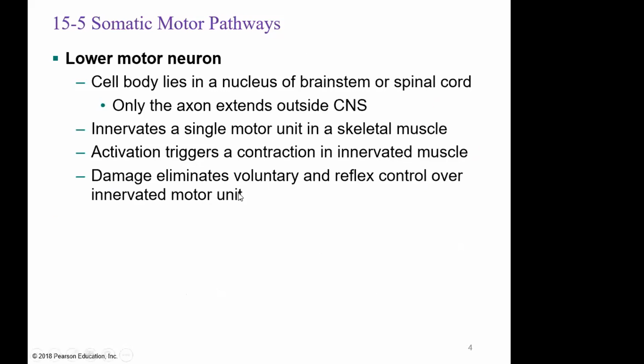Then for that lower motor neuron, the cell body will lie in a nucleus of the brainstem or the spinal cord, and it's only the axon, so highlight that, only the axon actually comes out of the central nervous system. So for our upper motor neuron, the whole thing is in the CNS, and for the lower motor neuron, it's just the axon that comes out of the CNS towards the periphery.